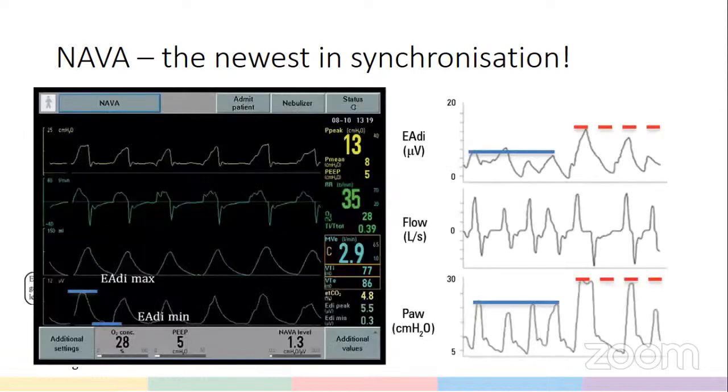This is the newest form of synchronization, and it is available with the Maquet Servo-i ventilator. If you specially ask for this module, it can be provided.